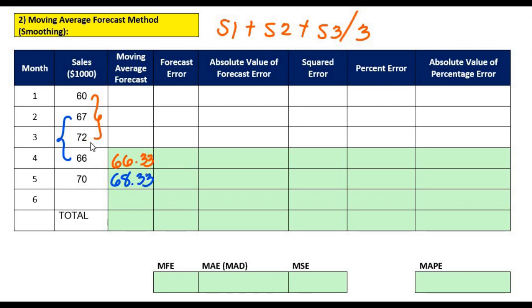And then for month 6, that is the average of the last 3 months, which is from month 3 to 5. 72 plus 66 plus 70, that is 208, divided by 3, we will come up with 69.33. Again, the formula for the forecast error is your sales minus your forecast.